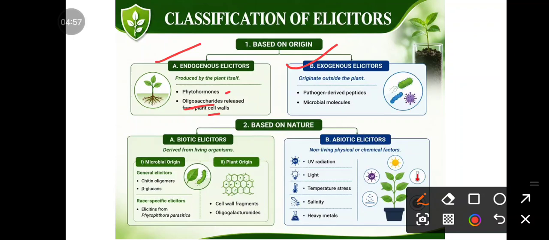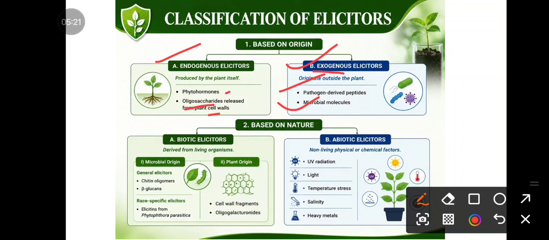Next, the exogenous elicitor. The name suggests that it comes from outside, not present inside the plant. These are the pathogen derived peptides or microbial molecules. Why will a plant activate defense?